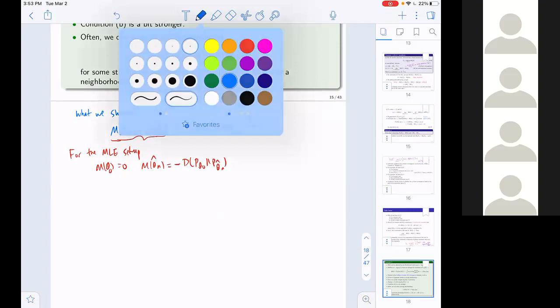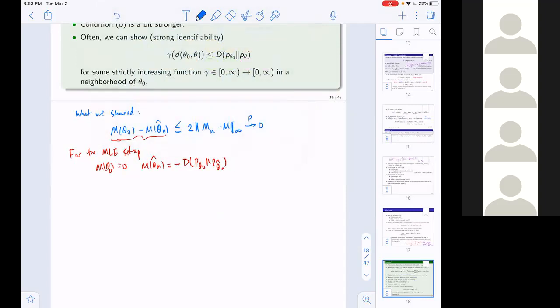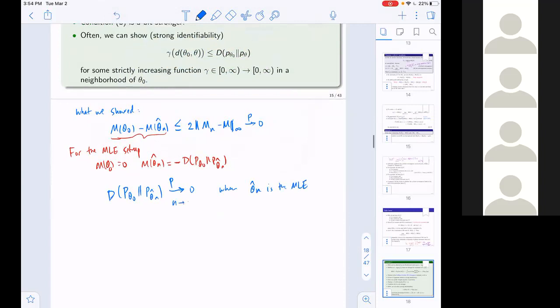So without condition B, the second condition, what that argument shows is just that the KL divergence between p theta naught and p theta hat n goes to 0 in probability, where theta hat n is the MLE. This is true even if condition B does not hold. Condition B allows you to translate this back to the theta domain, so the distance of theta naught and theta hat goes to 0. So now what is your question?